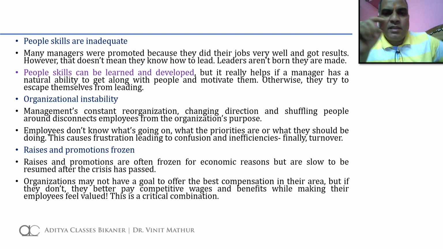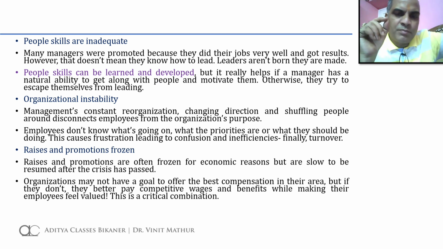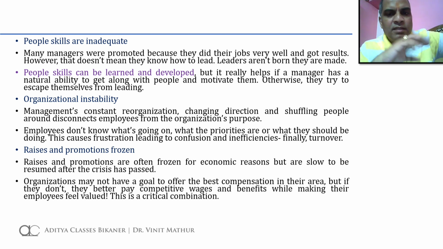There is a popular culture in all organizations that mostly promotions are done on the basis of job performance. Suppose one of the employees achieved the target and his performance is good, then he gets the promotion.